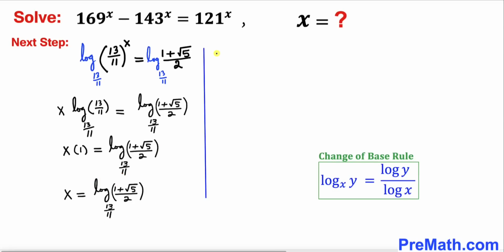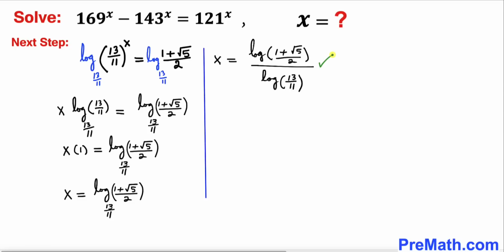Therefore x equals log of (1 plus square root of 5) divided by 2, everything divided by log of 13/11, and that turns out to be our solution.